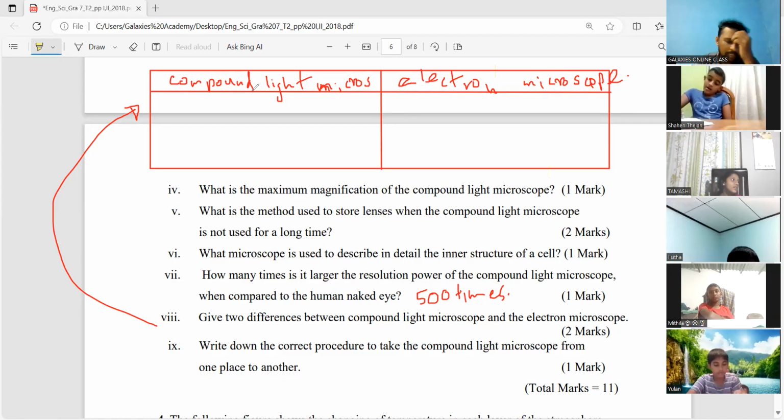Right. Normally we can write the magnification power and the resolution. Those two points are what we have to discuss.